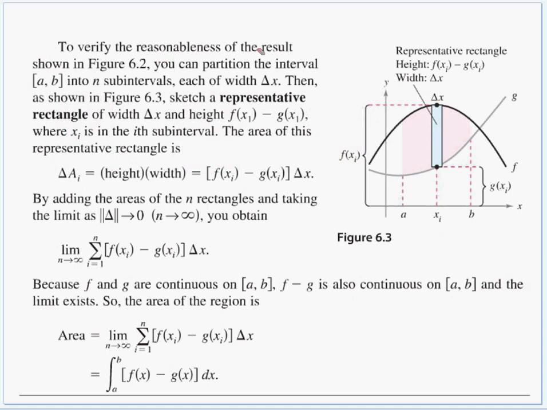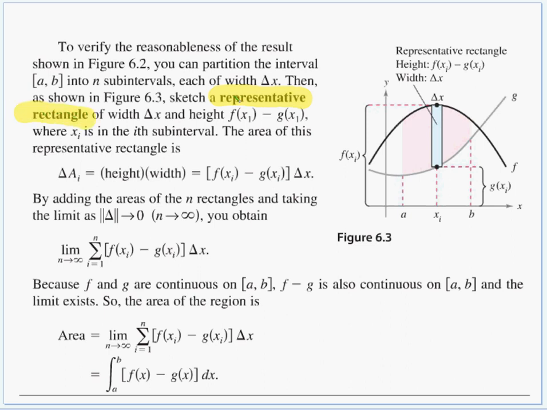So to verify the reasonableness of the result as shown in the figure, we can partition that interval from a to b into some number of subintervals, each of width delta x. Then, as shown in the figure over here, we could sketch a representative rectangle. Now, I know you might be thinking, geez, I don't want to go back to doing summation notation and all that. We're not.